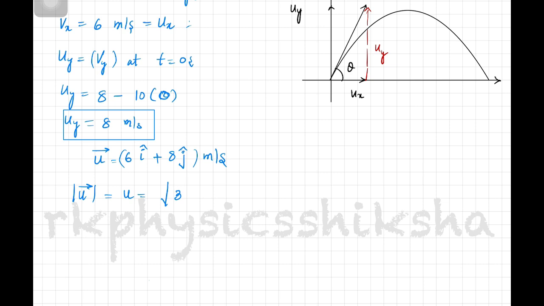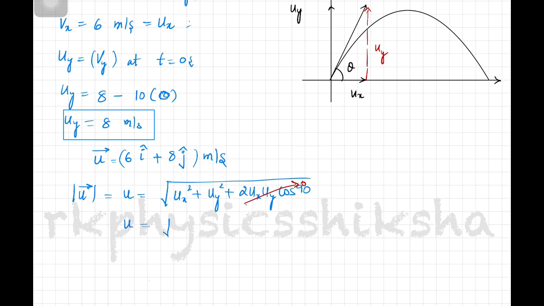The general formula is ux square plus uy square plus 2 ux uy cos theta, and theta between ux and uy is 90 degrees, cos 90 is 0, so that whole term becomes 0. This formula comes from the parallelogram of vector addition itself.